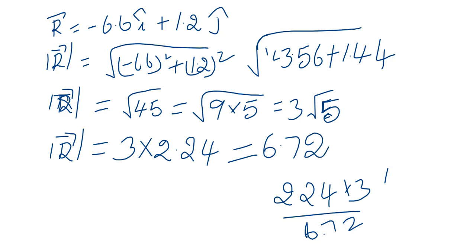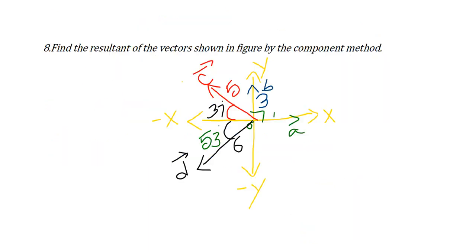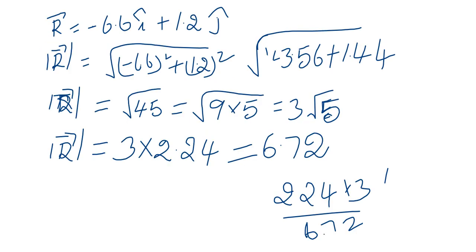So here the resultant vector of A bar, B bar, C bar and D bar is calculated as 6.7. Its magnitude is 6.7.